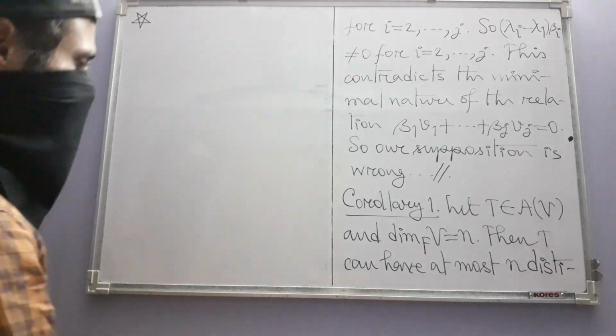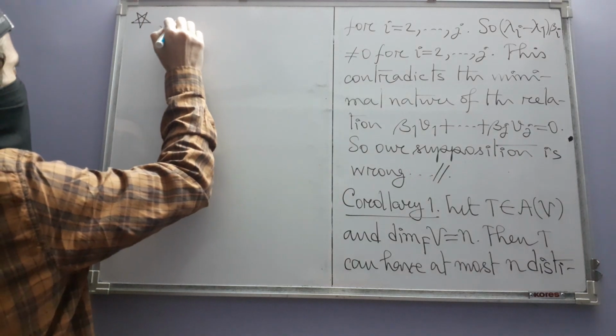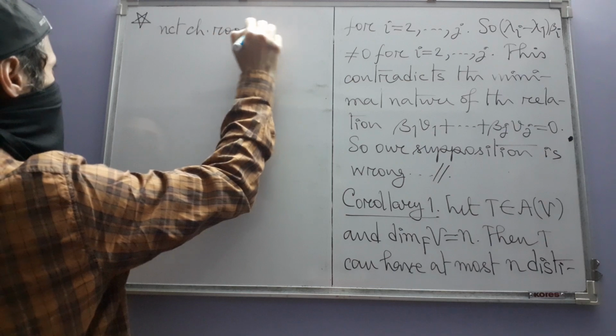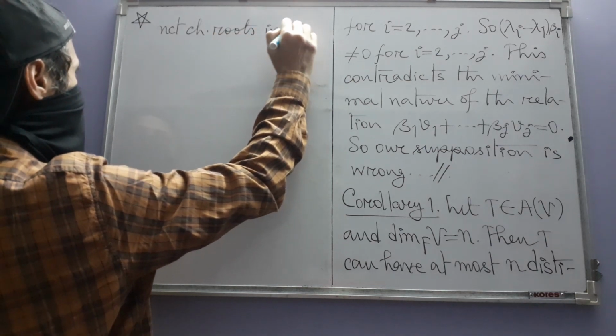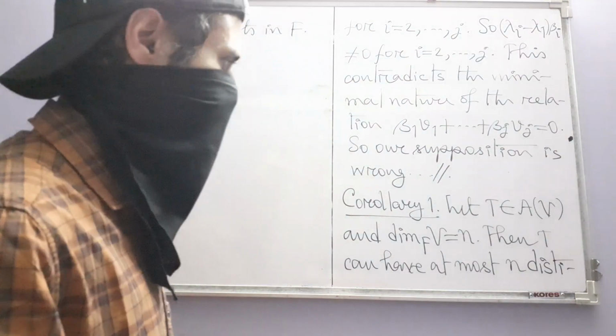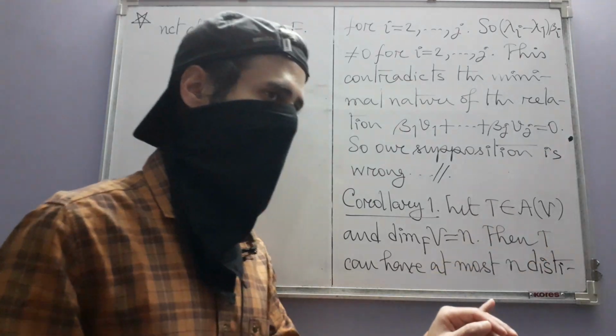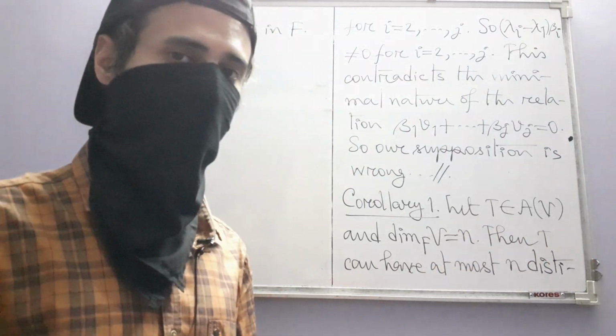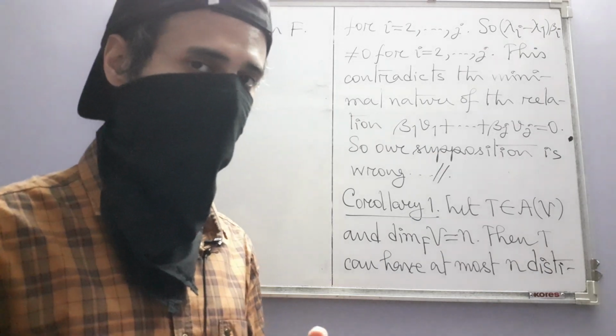At most n distinct characteristic roots in F. Do you remember that any characteristic root is also a root of the minimal polynomial?